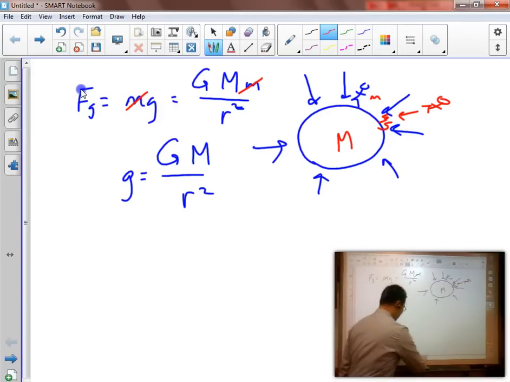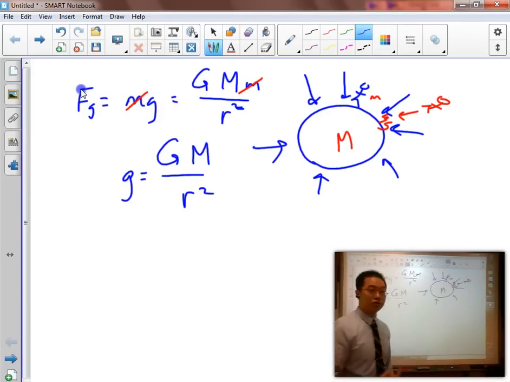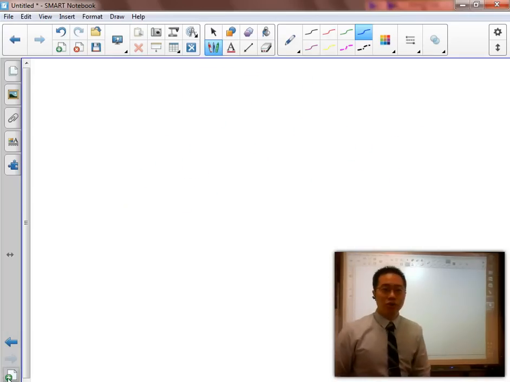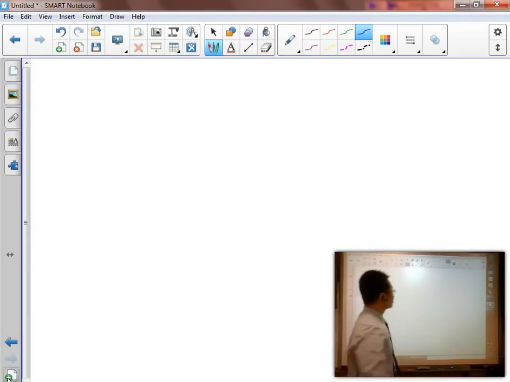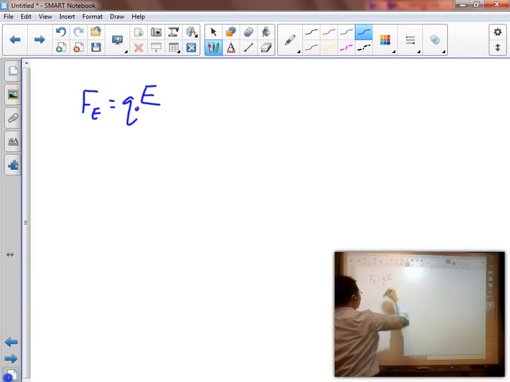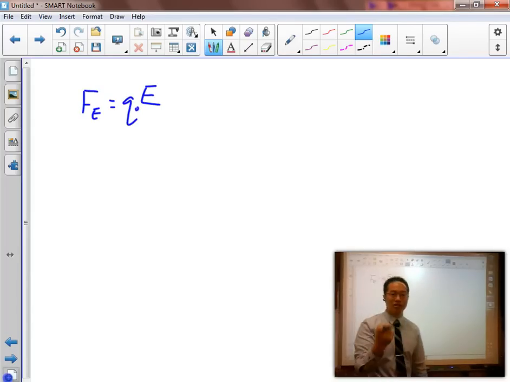Okay? Now the same idea applies to point charges. I know that my original formula for Fe is equal to Q naught E. Q naught is a tiny little charge that exists within an electric field.